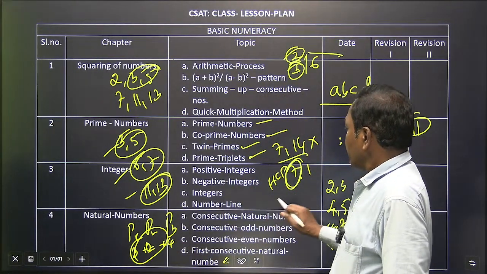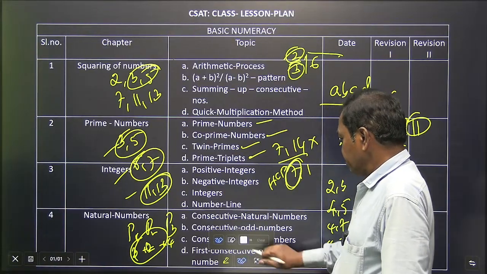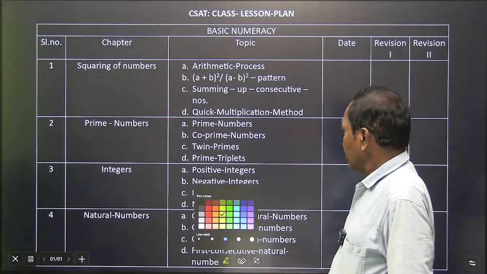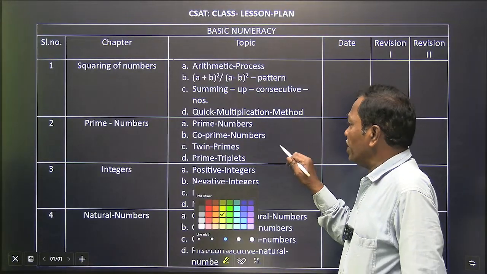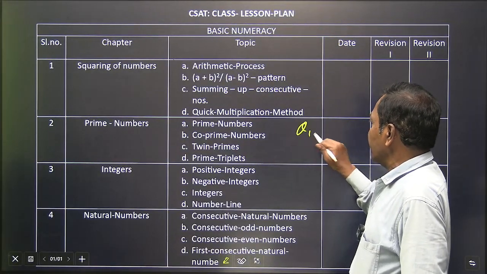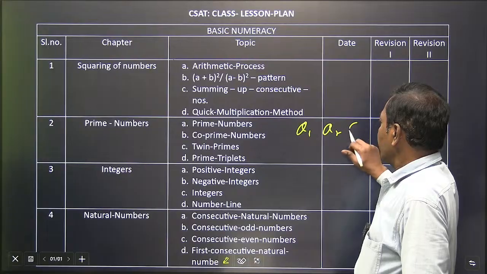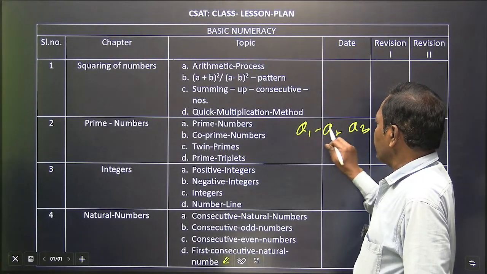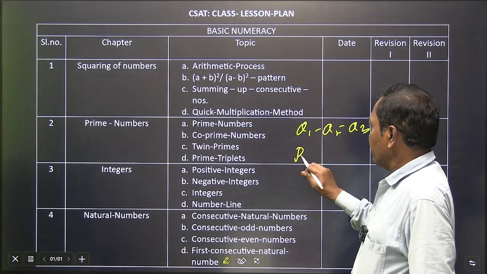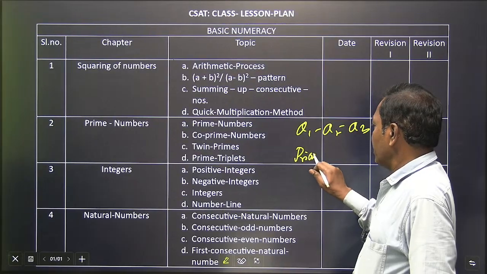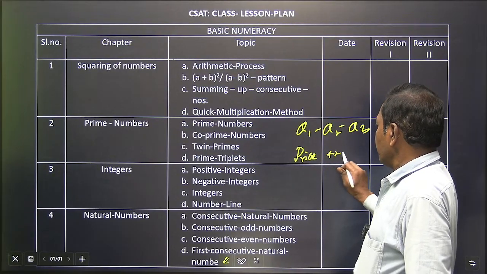I'll write a prime triplet. What is the prime triplets formula? You can take A1, A2, A3, all prime numbers only. This is the prime number, and this is plus 2 and plus 4.